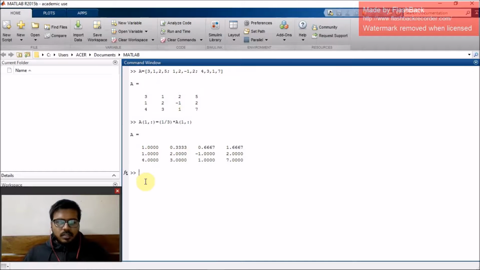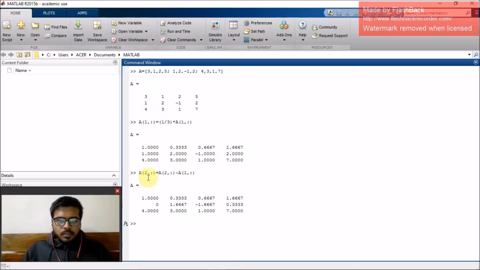So to make this 0, what I'll do is I'll subtract the whole first row from the second row. So how you do that is I'll select the whole second row. Now it equals the same row, which is this, minus the whole of the first row.